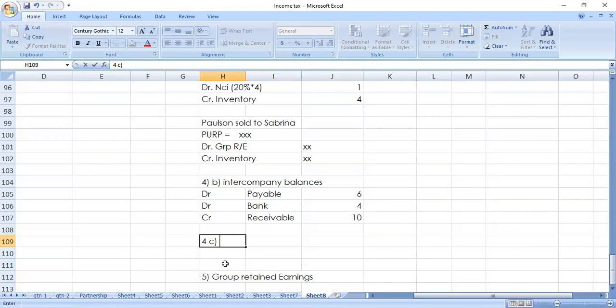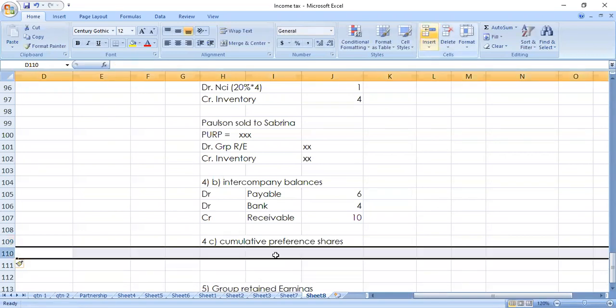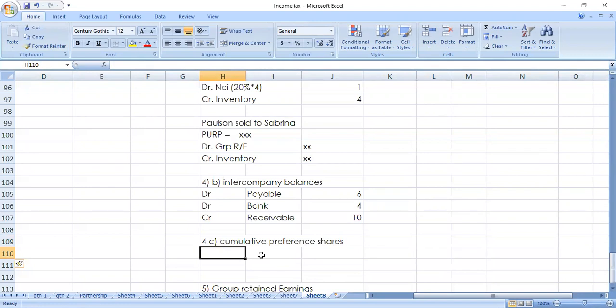The one of cumulative preference shares. This is another intercompany balance. You and I cannot demand each other, so what we do is remove this. Remember, this is an equity account, so it has a credit. Having a credit, you have to debit it.